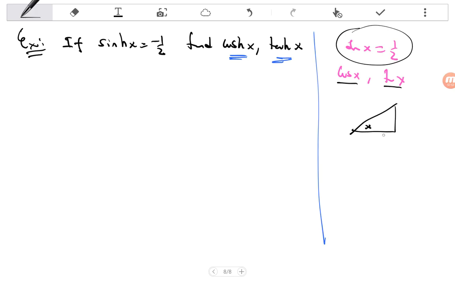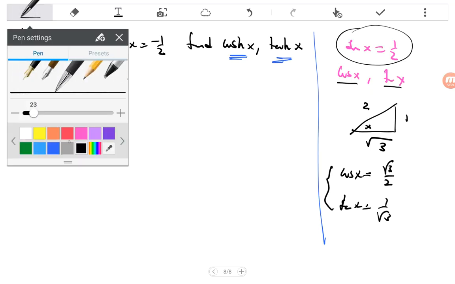If you say this is x, so the 1 over 2, and that will be 4 minus 1, which is 3. So if you told me that sine x is equal to half, the cosine x will be equal to root 3 over 2, and tan x will be 1 over root 3.